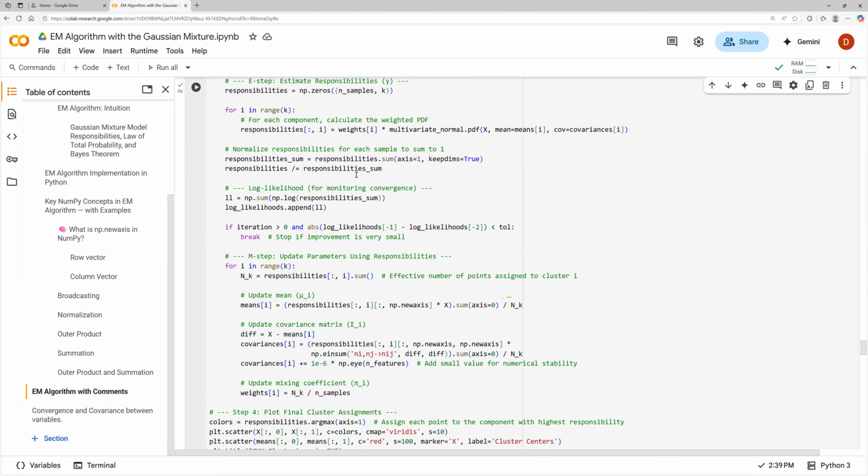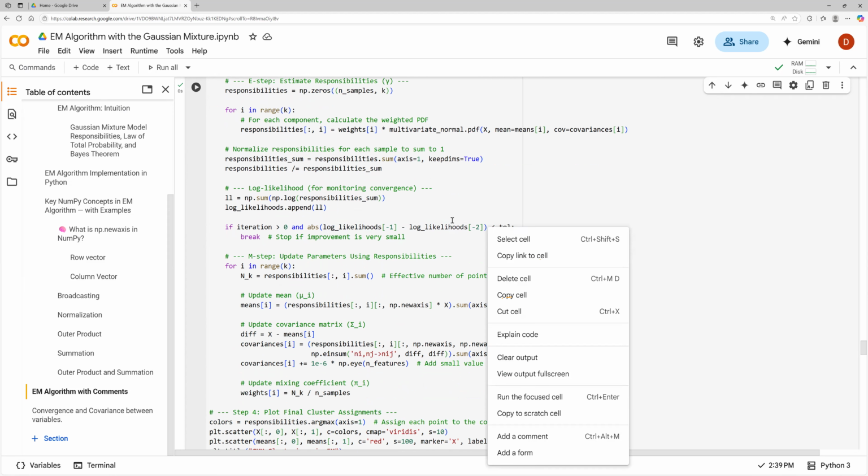So if the iteration is greater than 0 and this difference is less than the tolerance, then, well, this is the first log likelihood and this is the second log likelihood. It's basically like a lag, and if the difference is less than the tolerance, then it converges.